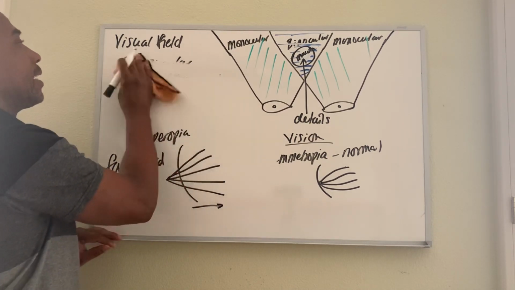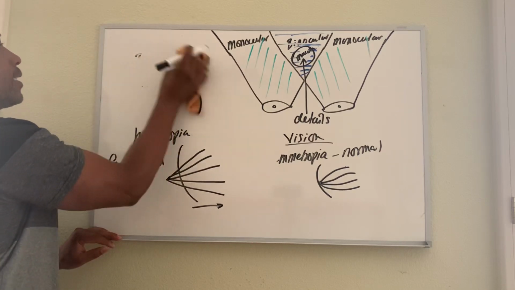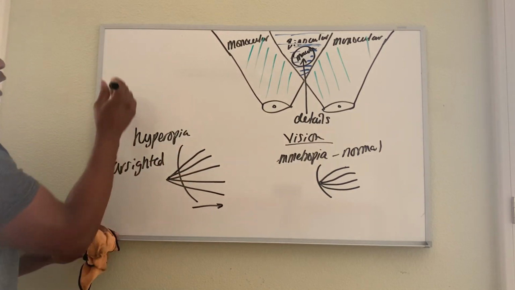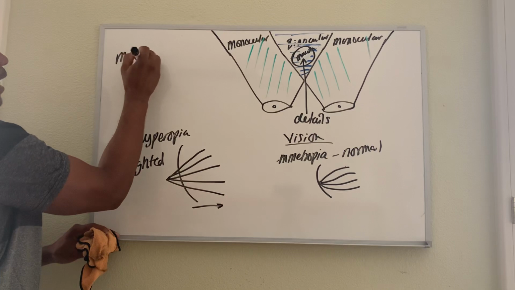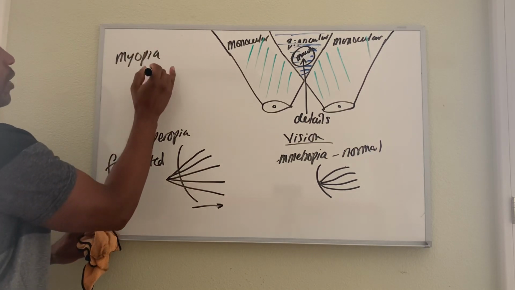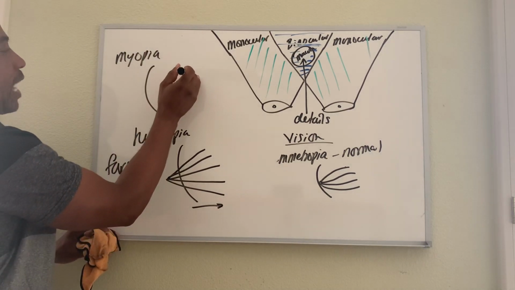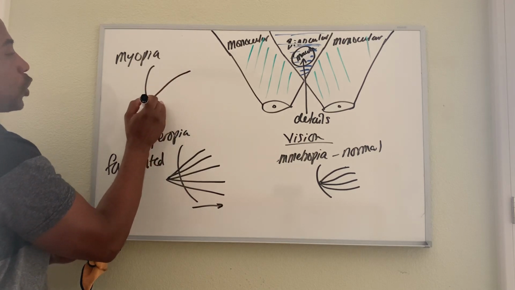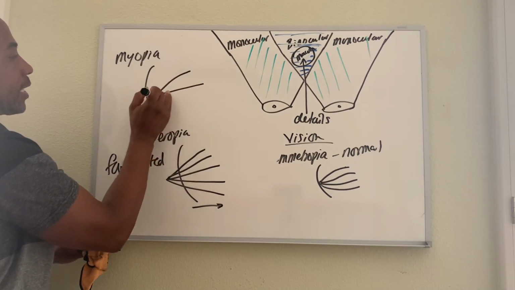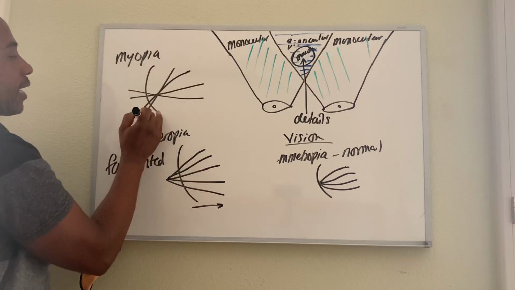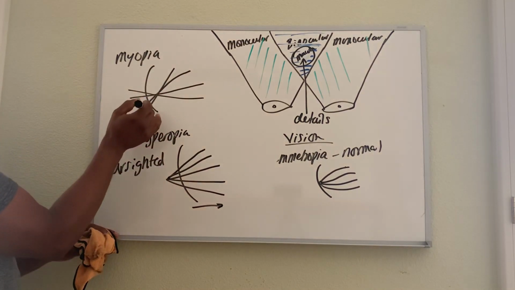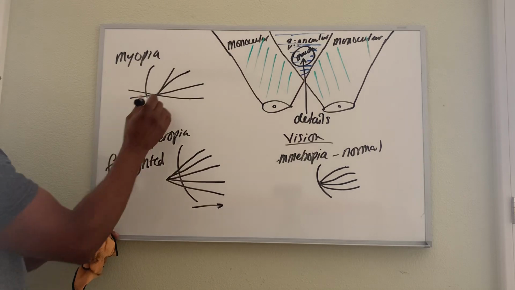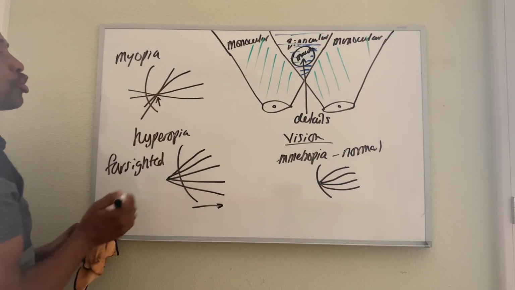And then the other one is called myopia, means you're nearsighted or short-sighted. In myopia, here is the retina, and now the light converges too quickly. And when it gets to the retina, it's again diverged. So here the focal point is too soon.